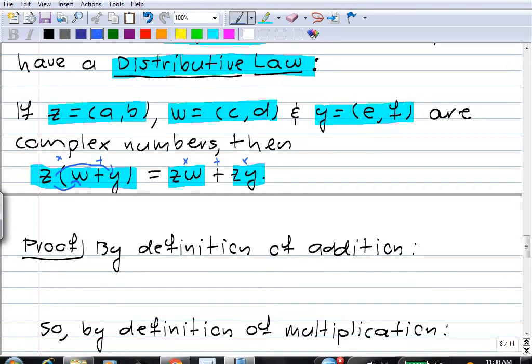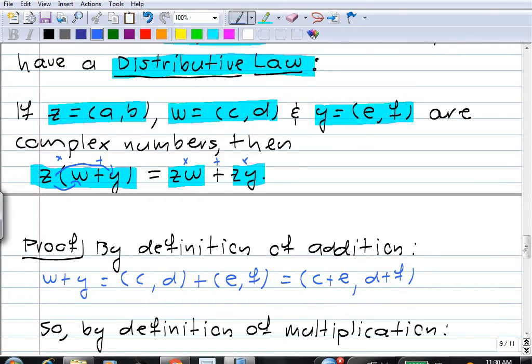So we start with the left-hand side. If we add W and Y, what do we get? Well, W is (C, D), Y is (E, F). So by definition, their sum is (C plus E, D plus F).